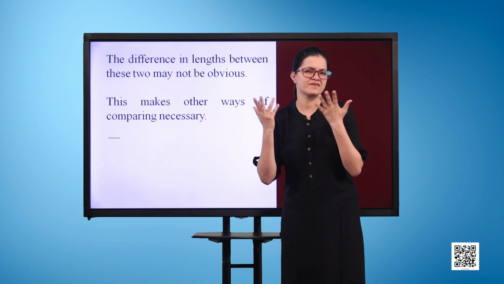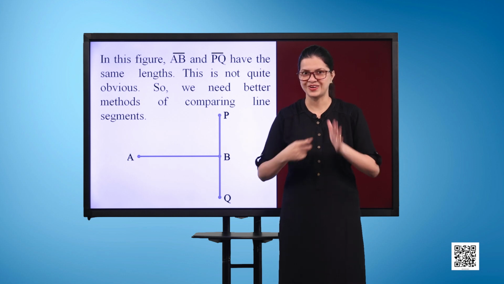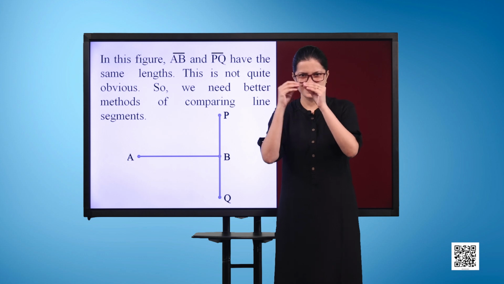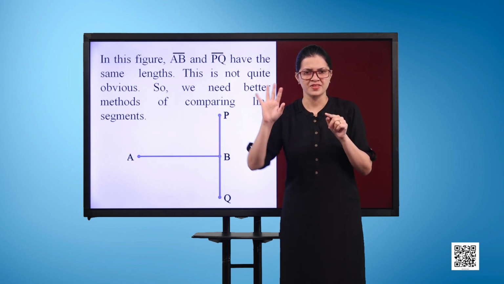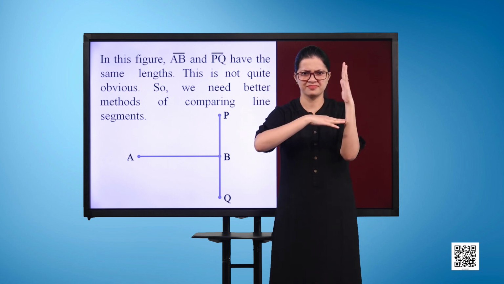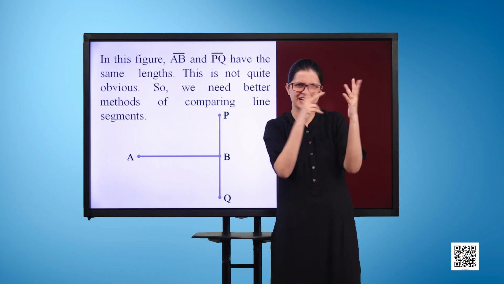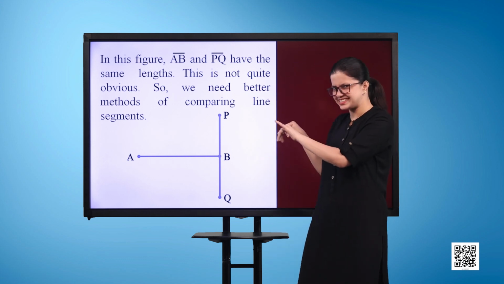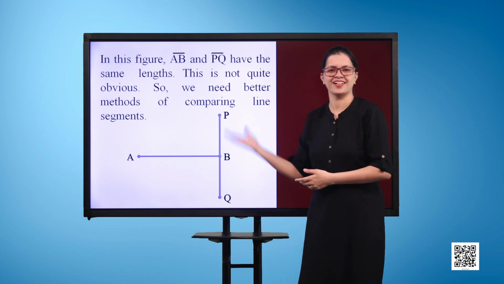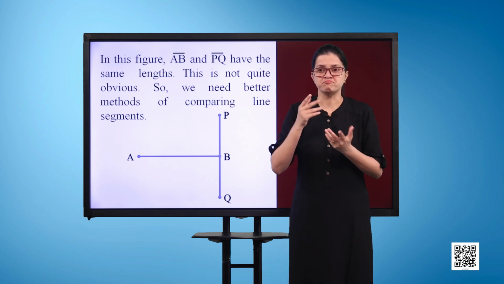This makes other ways of comparing necessary. In this adjacent figure, segment AB and segment PQ have the same lengths. This is not quite obvious. So we need better methods of comparing line segments. We have another figure with AB and PQ as the different segments.